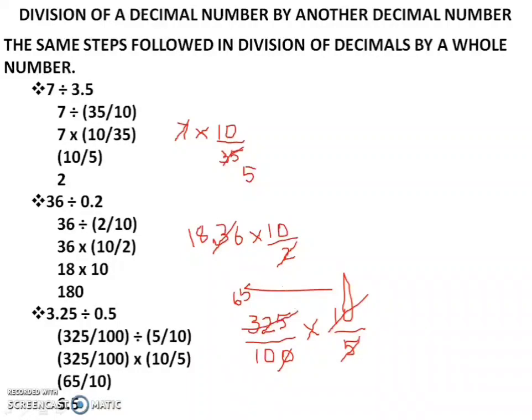So what is remaining? 65 by 10. That is remaining, 65 by 10.